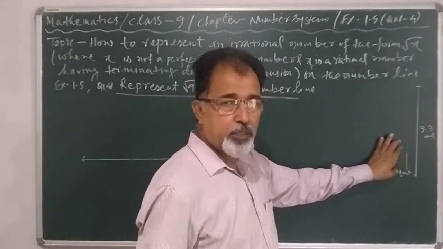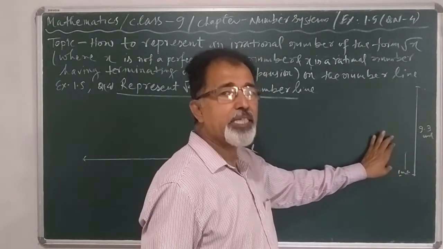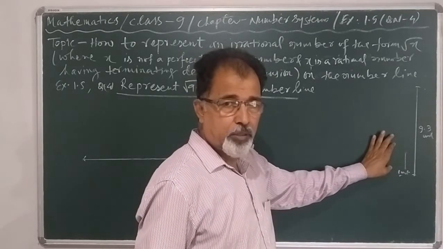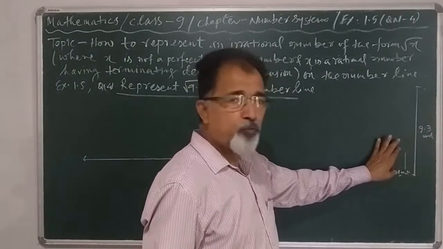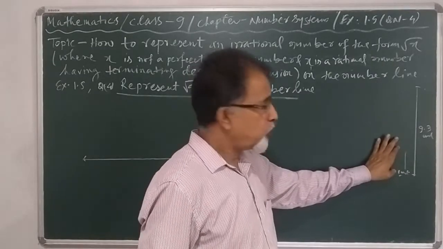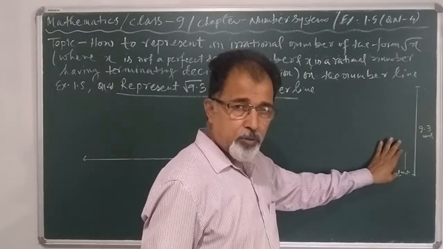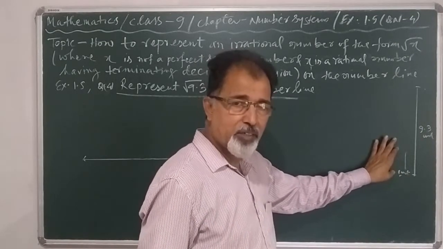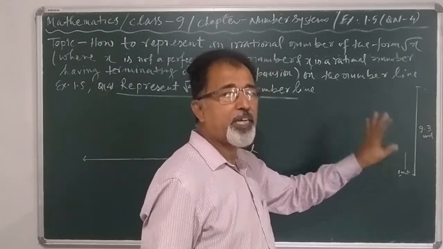This is 1 unit and this is the fixed unit. Not from the length point of view, the length of 1 unit may be different, but we will take 1 unit only.